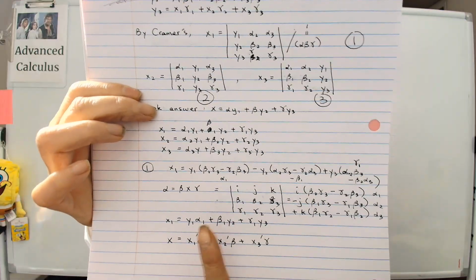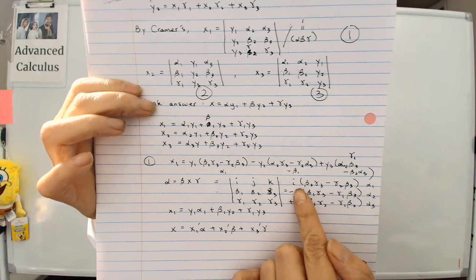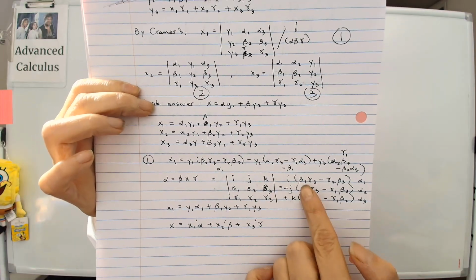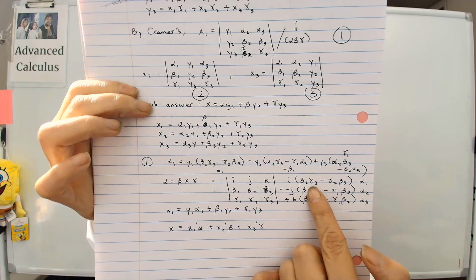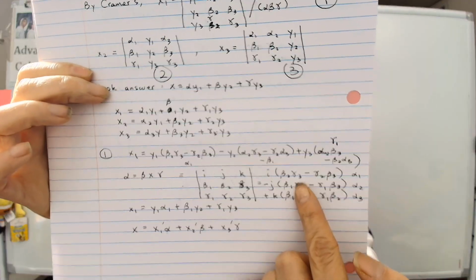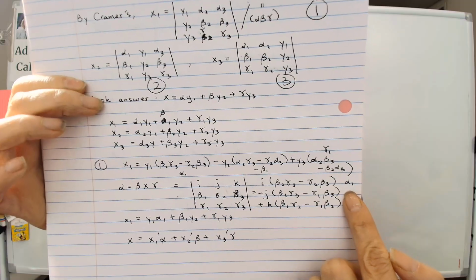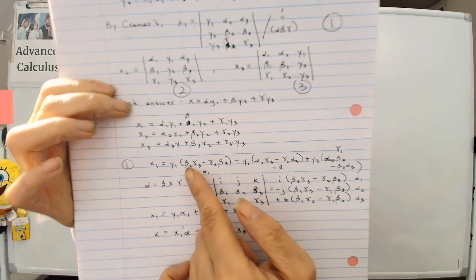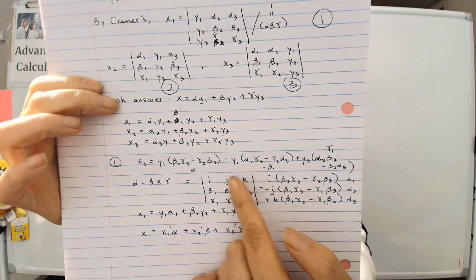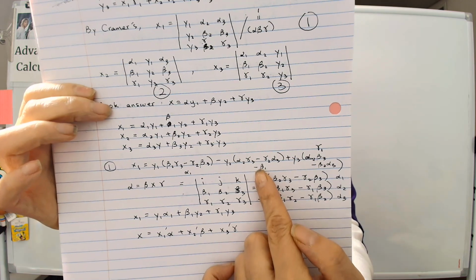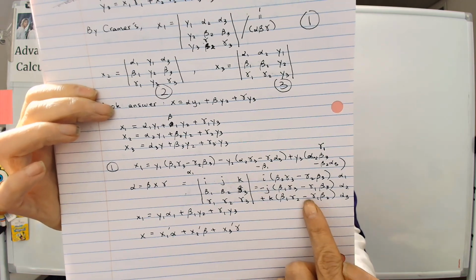Alpha equals beta cross gamma means that by the time I do the cross product, beta 2 gamma 3 minus gamma 2 beta 3 equals alpha 1. So that thing right here happens to be alpha 1. And similarly, this thing equals negative beta 1 or something.